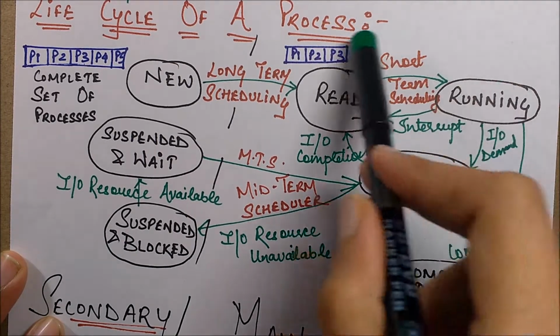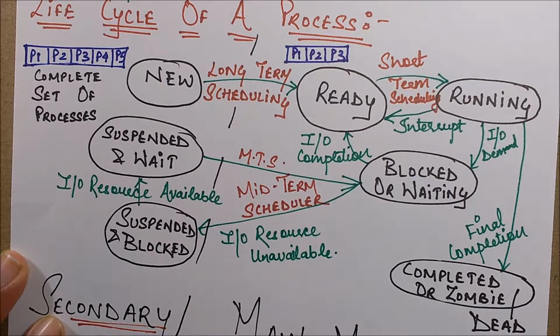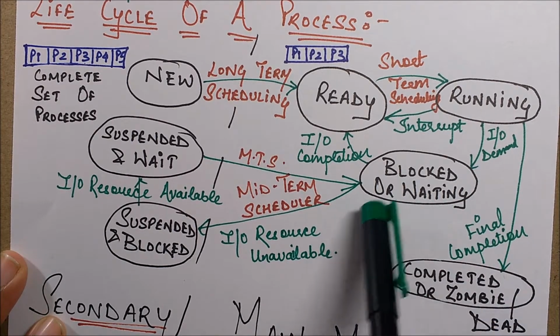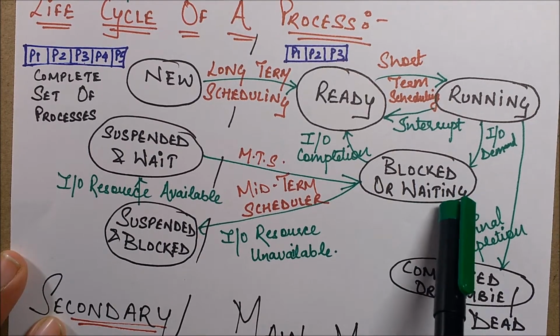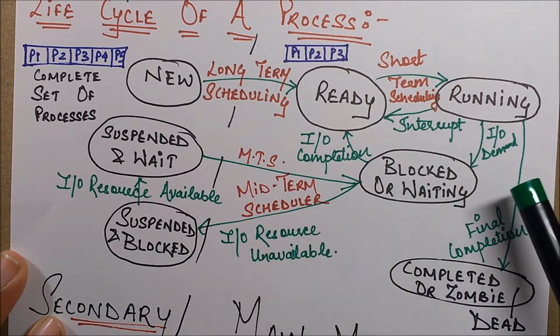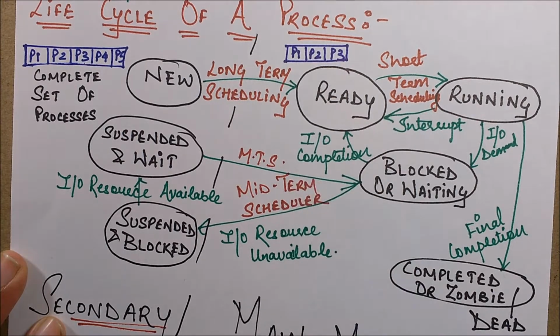But whenever a process is executing, as I also discussed in the beginning, the entire task of execution of a process is handled by your short-term scheduler. So whenever it issues an input output demand, it is shifted to the blocked or waiting state, and on completion of the input output task, it is shifted again to the ready queue.